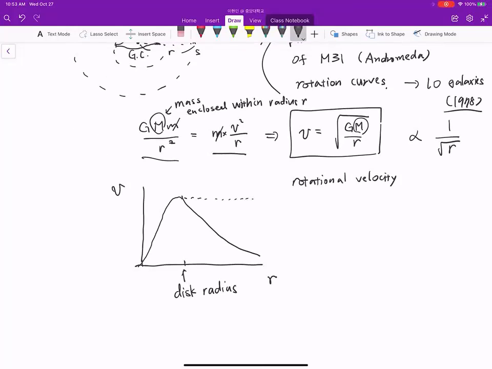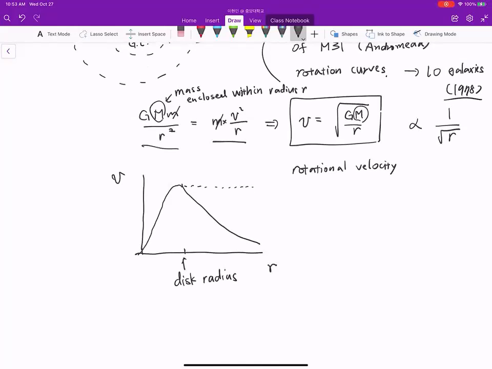The velocity does not drop as you go to the larger distances. Therefore, the total mass keeps increasing instead of being localized on the disk.